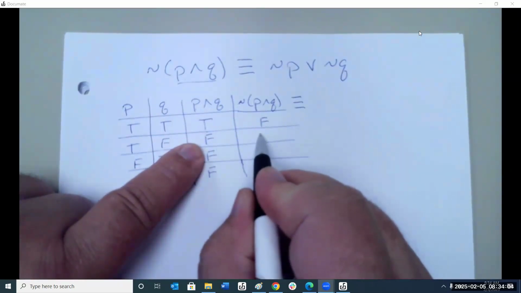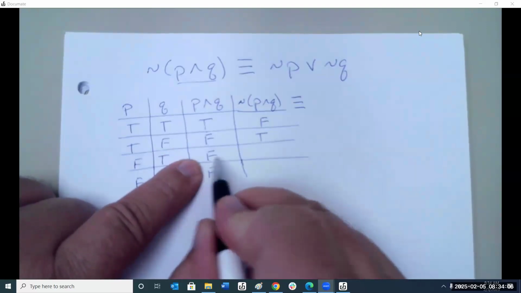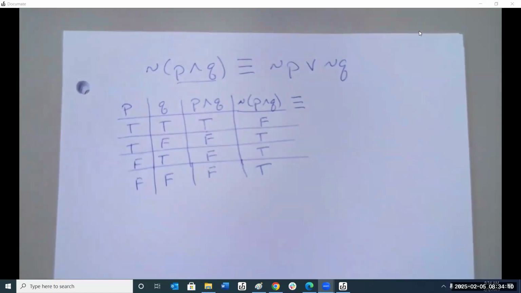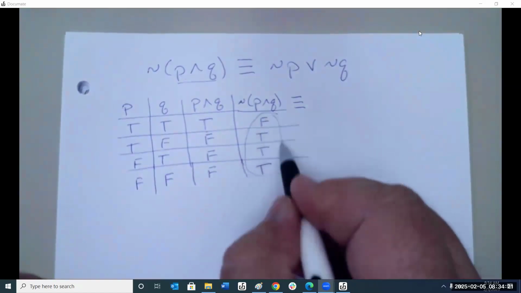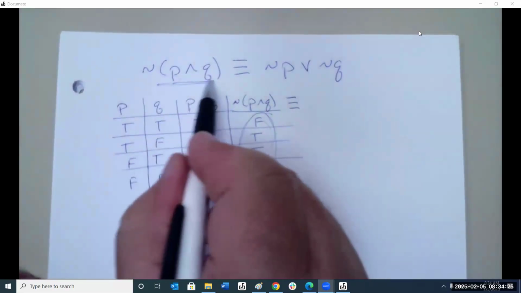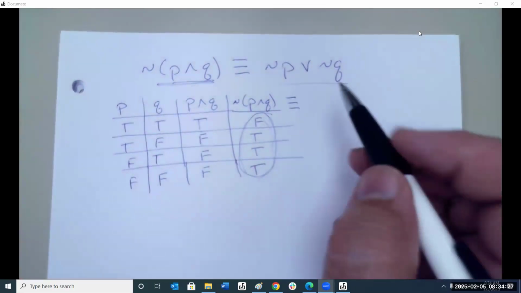Not F, not F, and not F. There. You have to build it slowly. So here are our solutions for this first statement.